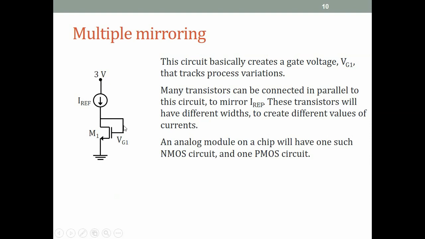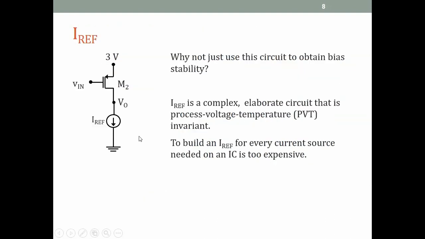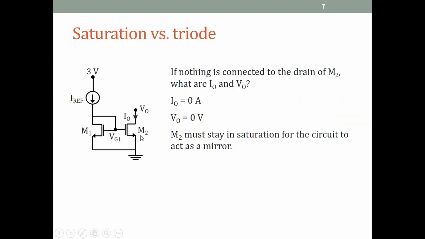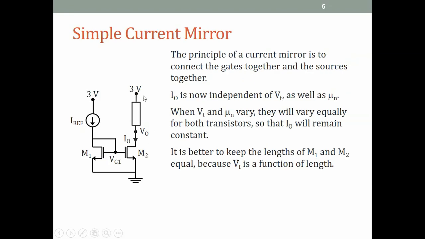The way it is done is that this circuit, one IREF and one transistor, generates a gate voltage. That gate voltage tracks variations in Vt and mu n. What we had done earlier was connect this gate voltage to M2, and then M2 carries a current I0, which is proportional to IREF.